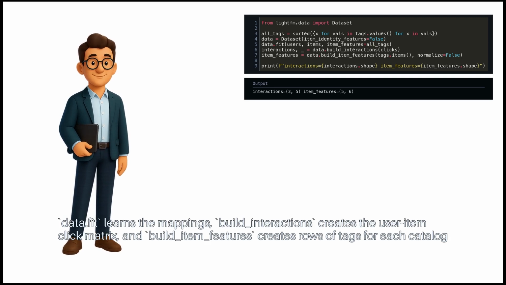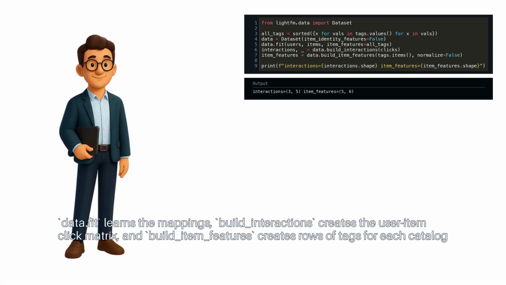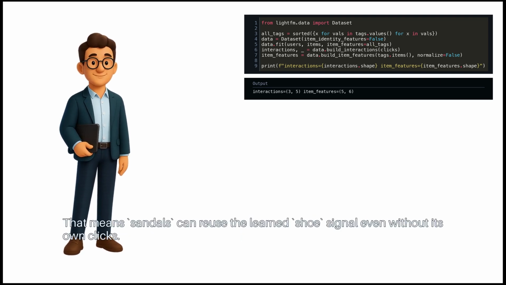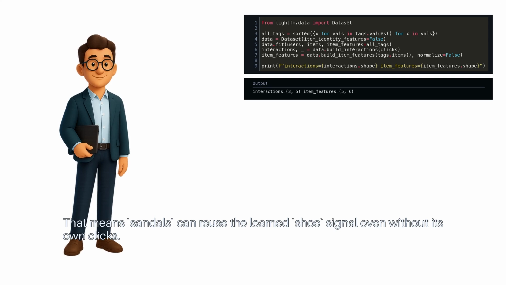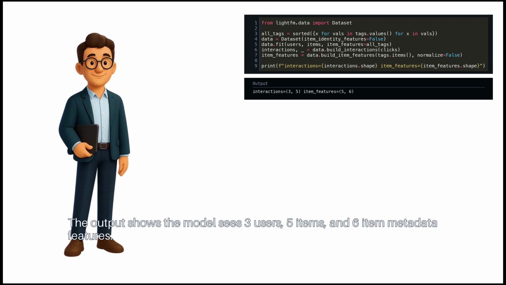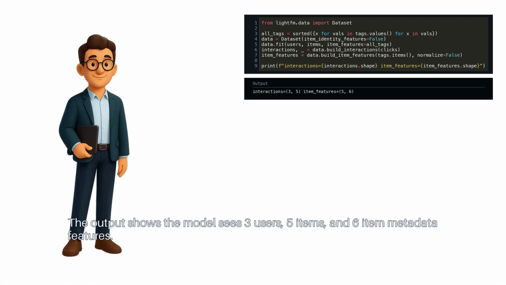Data.fit learns the mappings. Build interactions creates the user-item click matrix, and build item features creates rows of tags for each catalog item. That means sandals can reuse the learned shoe signal even without its own clicks. The output shows the model sees 3 users, 5 items, and 6 item metadata features.